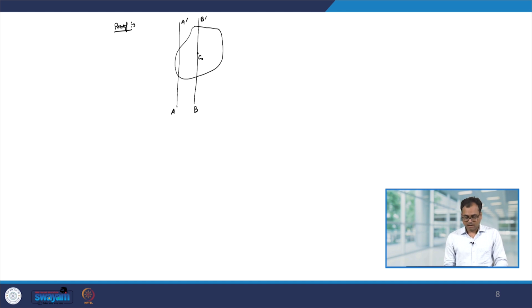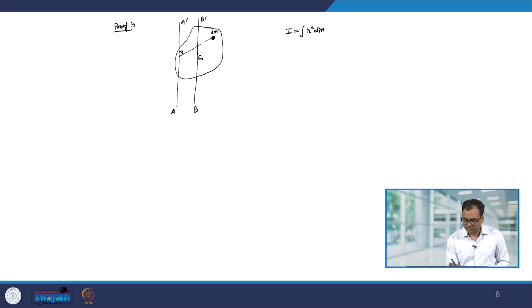So, the moment of inertia about A prime will be, so let us take a small mass dm, and let us say this mass dm is at a distance of r. So, this is the perpendicular distance, because this object is in 3D. So, I equals integral r square dm.